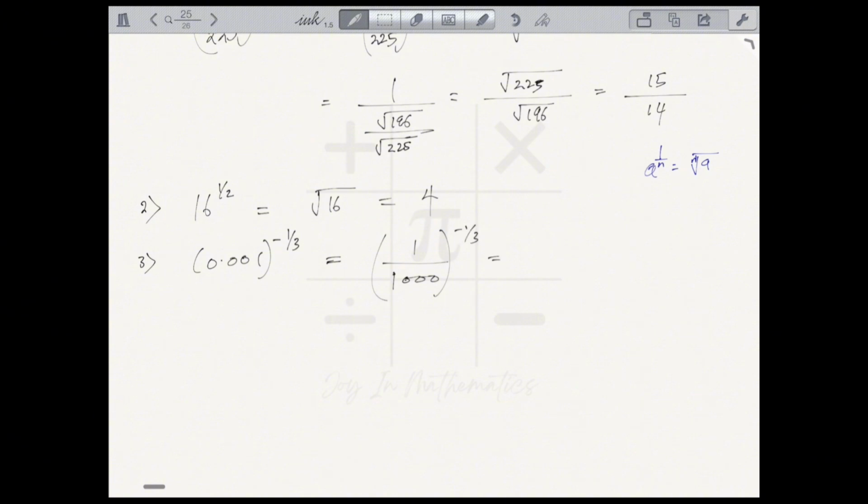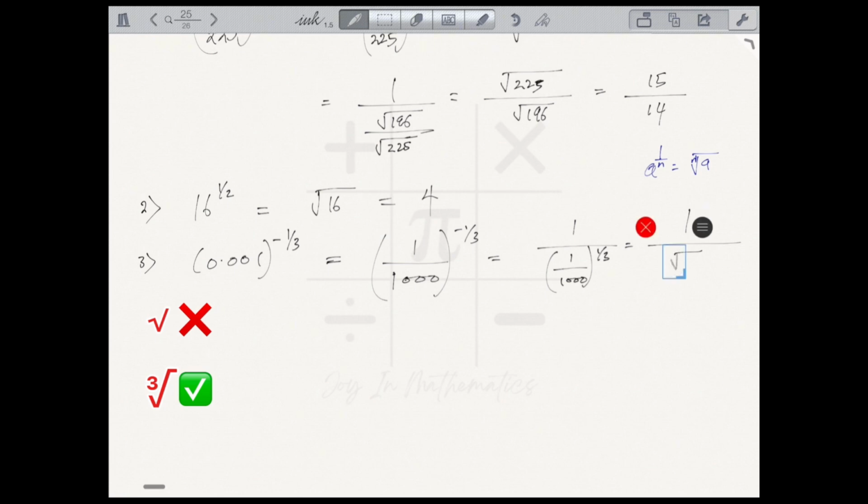And then we can apply our negative index to it, so this will give us 1 divided by (1 over 1000) all raised to the power of 1 over 3. Now if we apply the root principle to the denominator, this is the cube root of 1 divided by 1000.